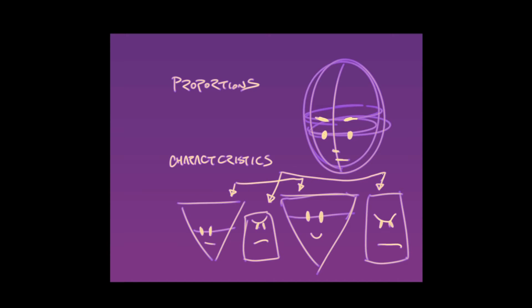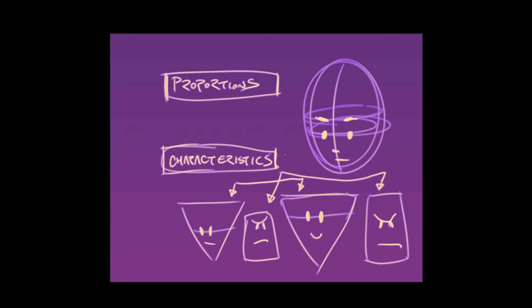So the more you have specific characteristics, the less proportions are a big deal. You can kind of get away with them. I mean, ideally you would want it so the proportions stick as well, but you can play a lot more with proportions if your characteristics are very strong.